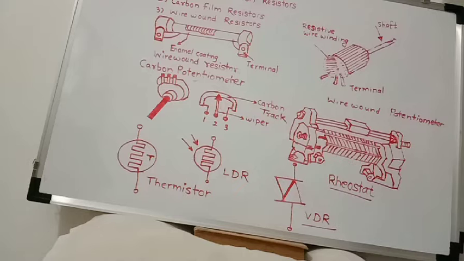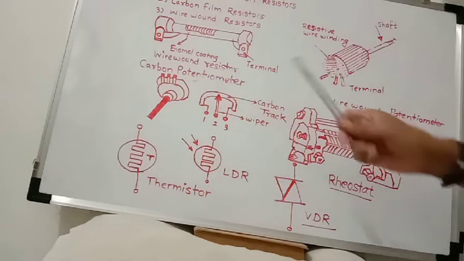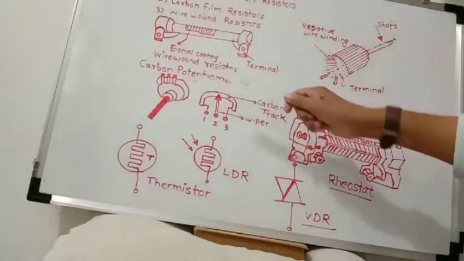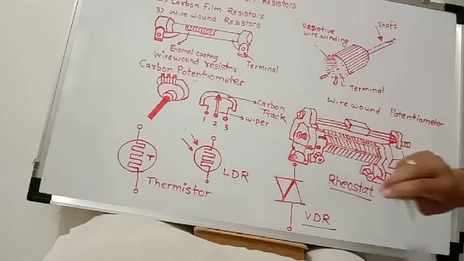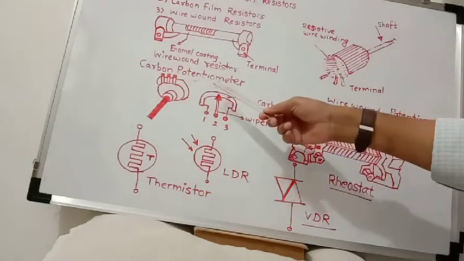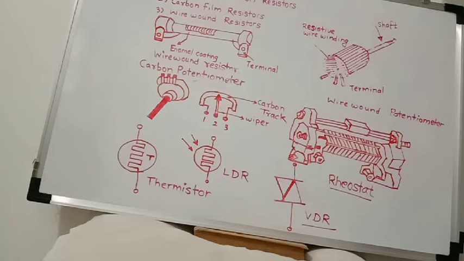Now we will study another type of resistor, that is variable resistors. There are two types of variable resistors: carbon type variable resistor and wire wound type variable resistor.